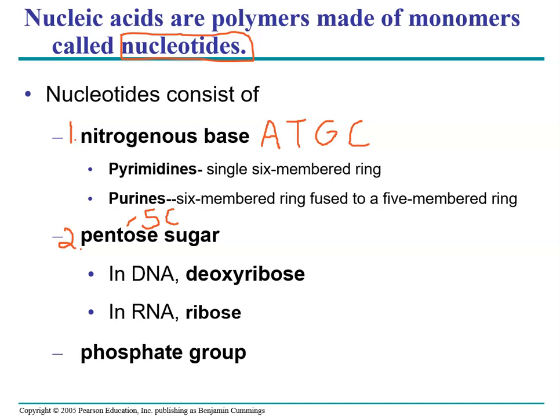And in RNA, it's ribose, and hence the name ribonucleic acid comes from which of those pentose sugars composes their structure. And thirdly, each nucleotide has a phosphate group. These are necessary components for the nucleotides of both RNA and DNA. So this is something that they have in common, although you do see some differences there.